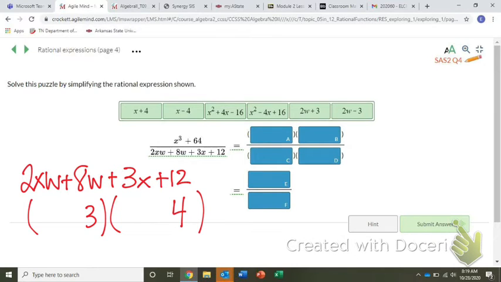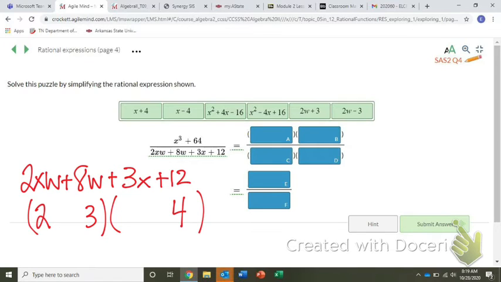Now, let's see. Let's go ahead and bring down a 2 here. If I want a 2xw, okay?